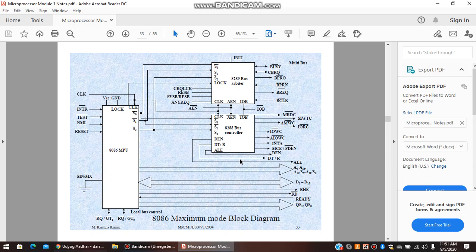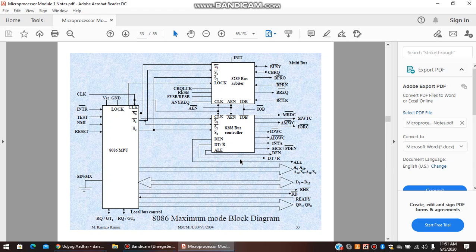The input coming from the 8086 to the bus controller is only S0, S1 and S2, and we have already studied the function of S0 to S2. They give 8 different commands from the microprocessor to the bus controller, which include memory read, memory write, IO write, INTA bar, etc. So all these things are indirectly still controlled by the microprocessor with the help of the bus controller.